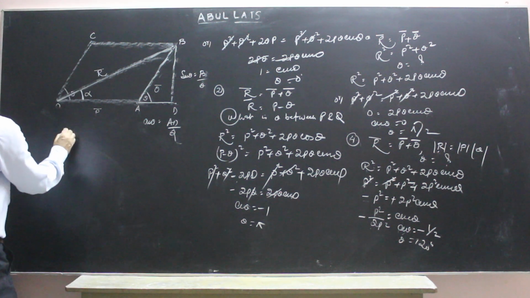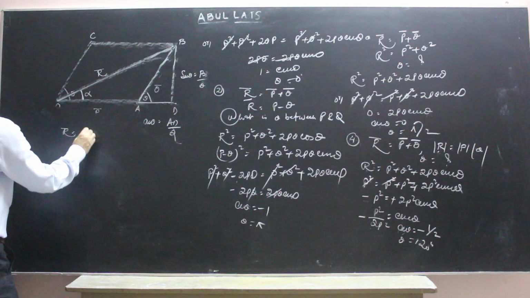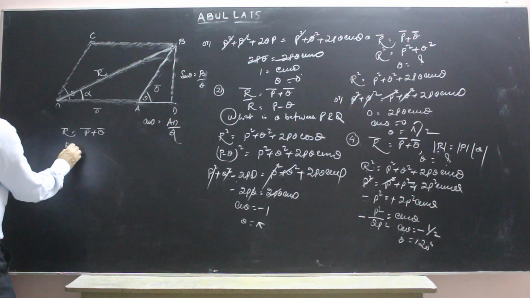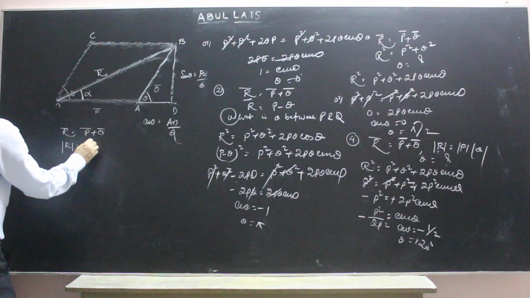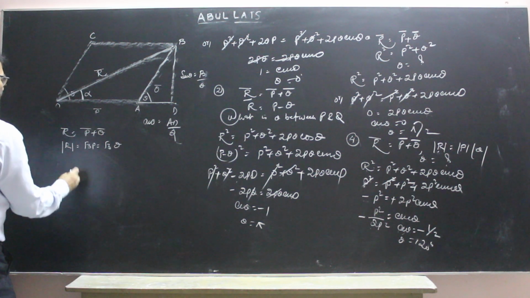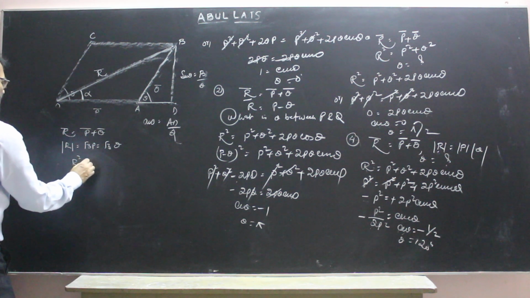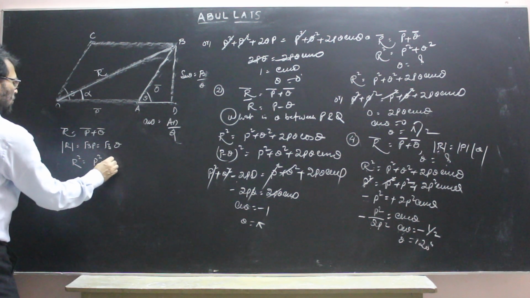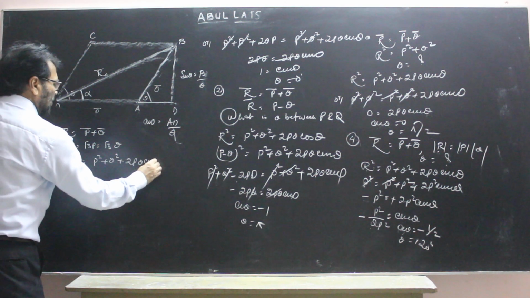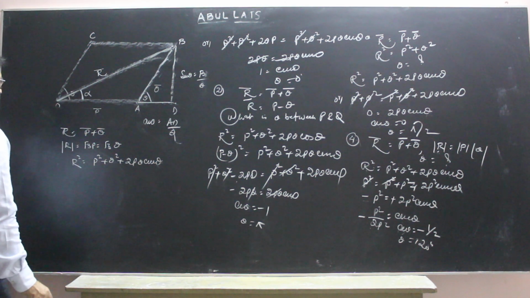If R is equal to P plus Q and mod R is equal to root 3 P is equal to root 3 Q, then R square is P square plus Q square plus 2PQ cos theta.